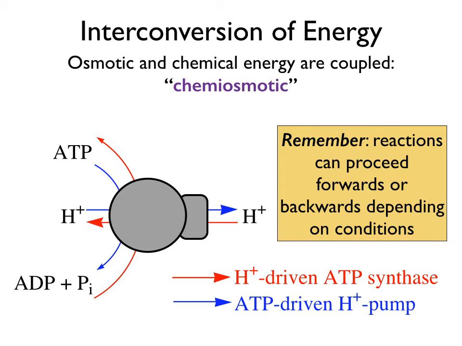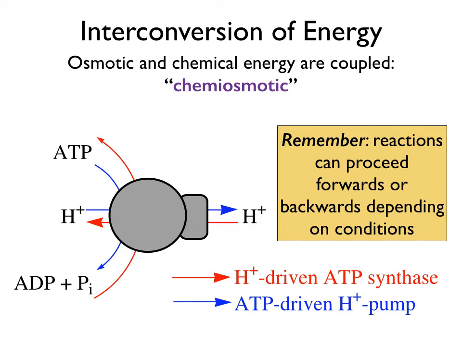And so that's true for any ion transporter. And so what we can do then is, if we have enough protons, we can drive this system in reverse and actually create ATP by passing protons through this channel. And that's exactly what happens.